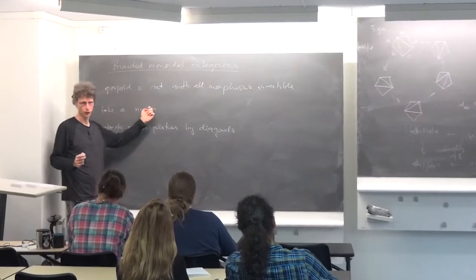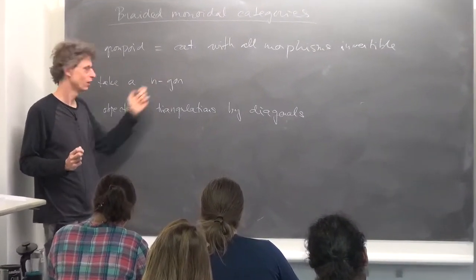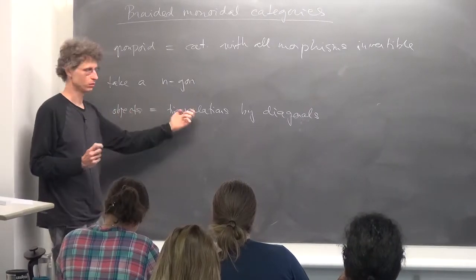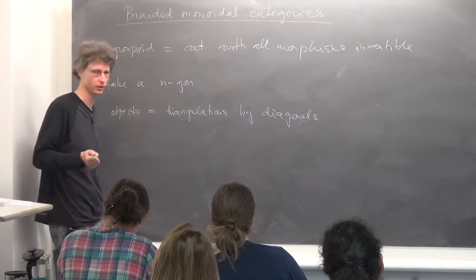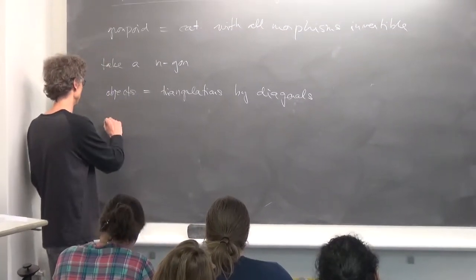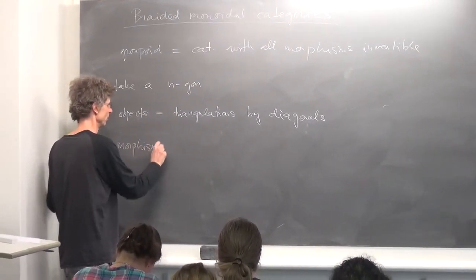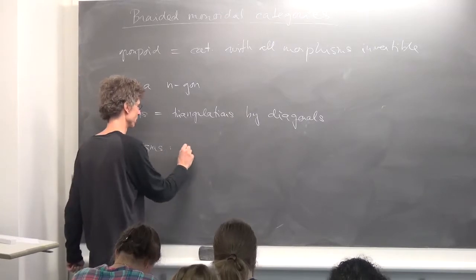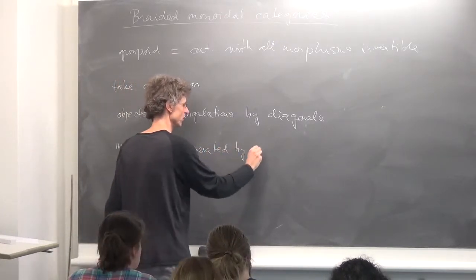So for each n, we're constructing a groupoid whose objects are all the possible triangulations of a regular n-gon. And now the morphisms are generated by flips.